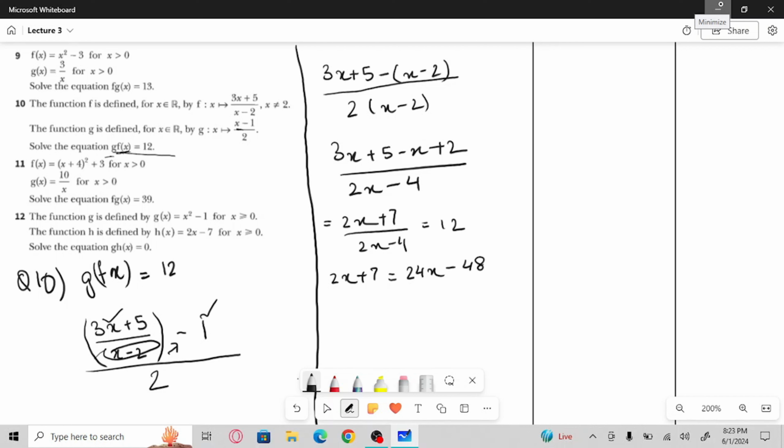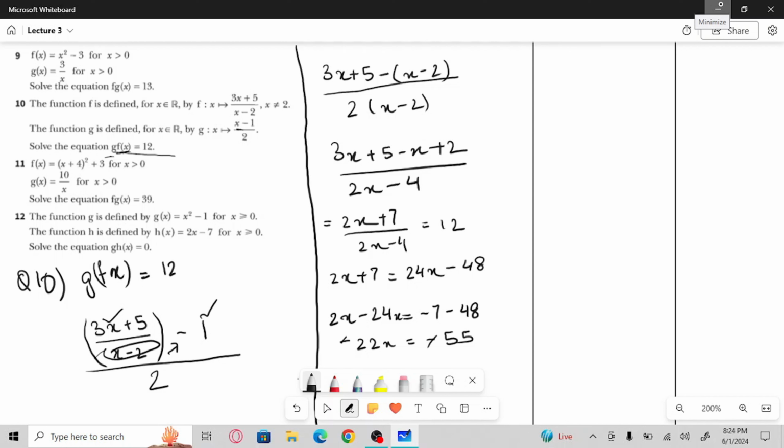And if we simplify it again, taking 2x minus 24x is equal to, let me get the x, is equal to negative 7, negative 48. We just do that, we are going to get negative 22x is equal to negative 55.